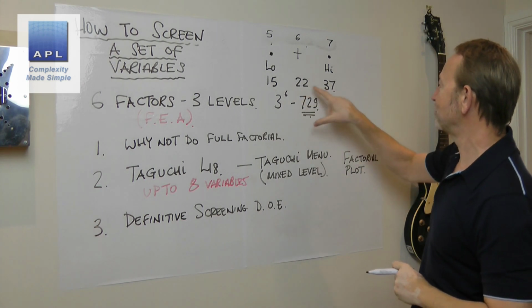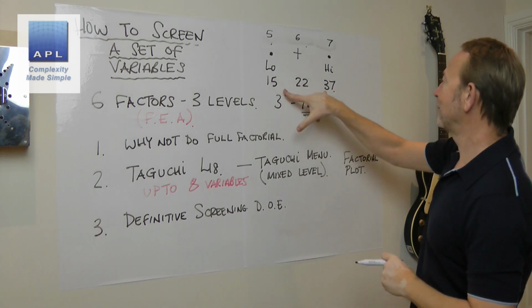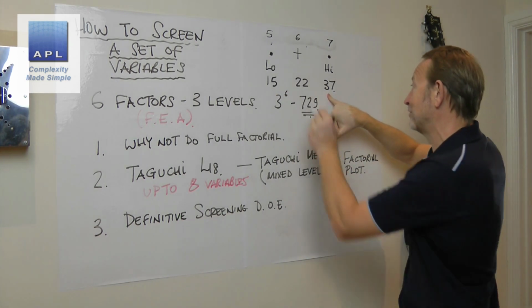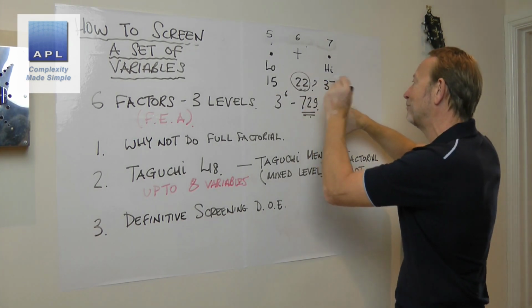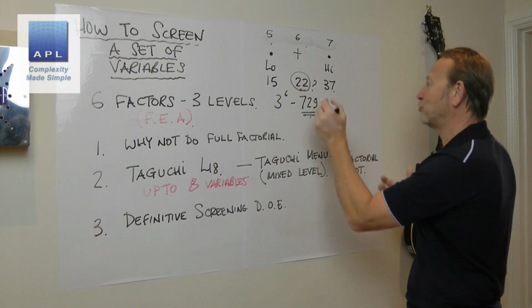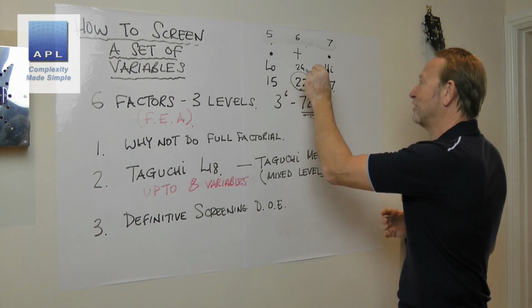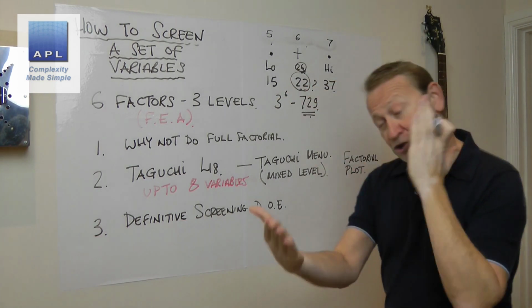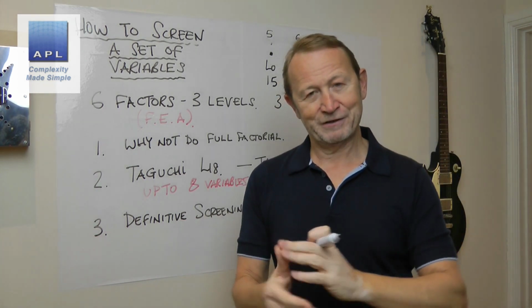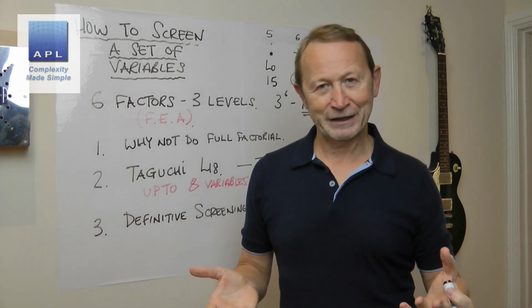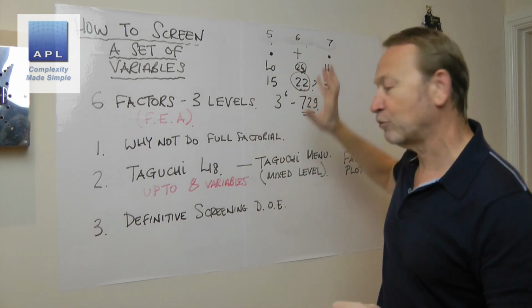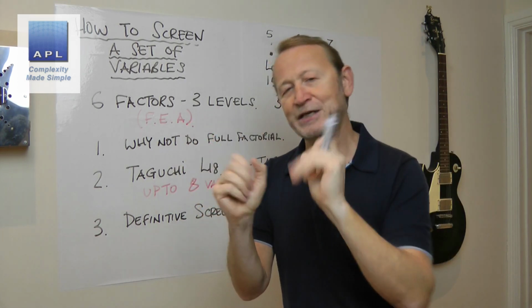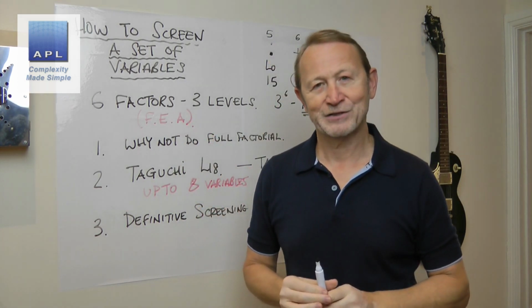Clearly 22 is not halfway between these two. So I've tested here and I've tested here in the experiment, and this is a problem to me, because really I think I should be at 26, which is halfway. So I actually can't get to the middle value, and that's making my DOE more complicated. Okay, so just be careful with that. If you've got a real experiment, the high, the low, and the midpoint must all be settable.